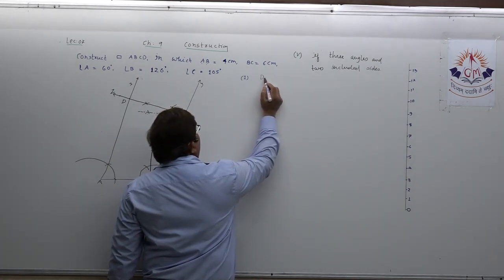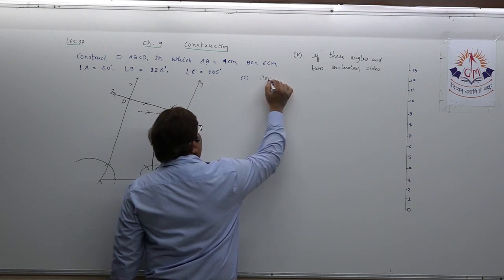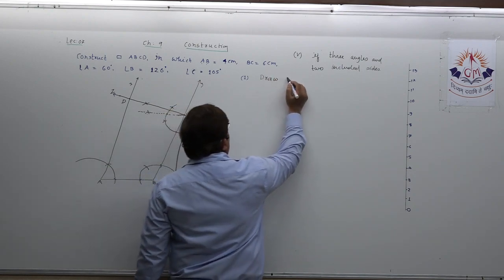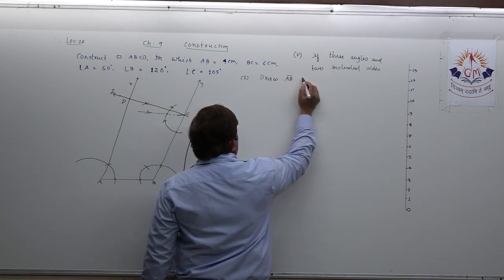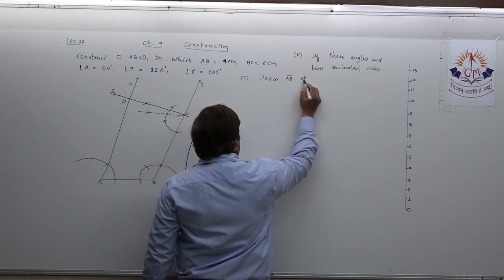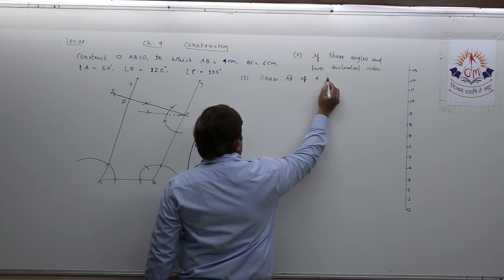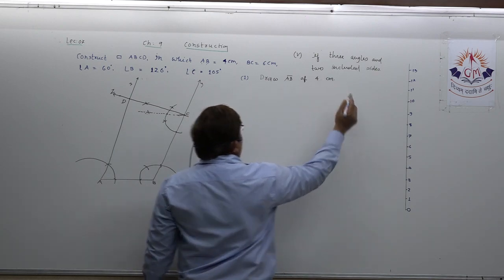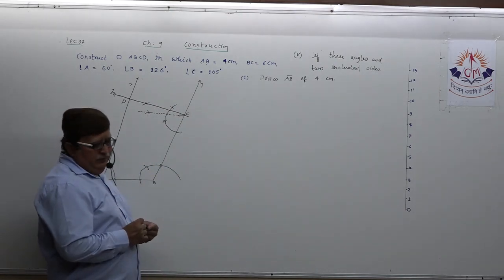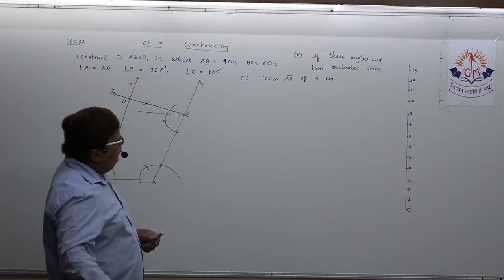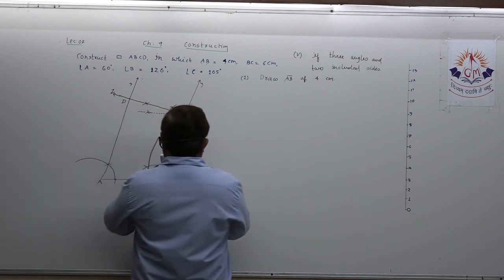Draw. Please understand and write down with me. Draw line segment AB of 4 centimeter. First step. Draw line segment AB of 4 centimeter.